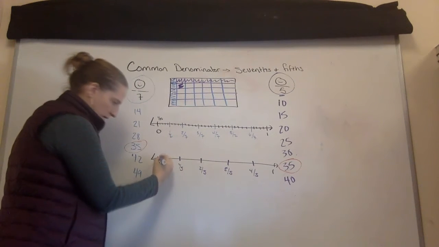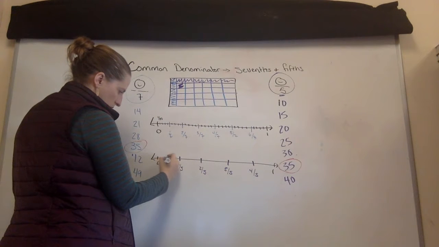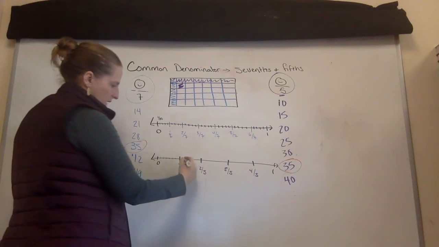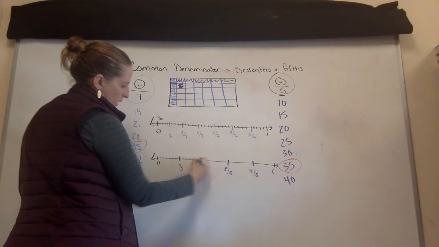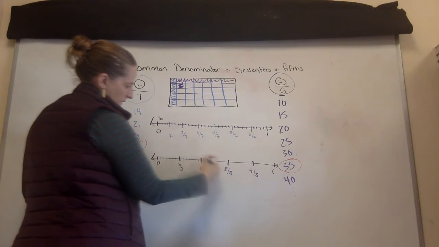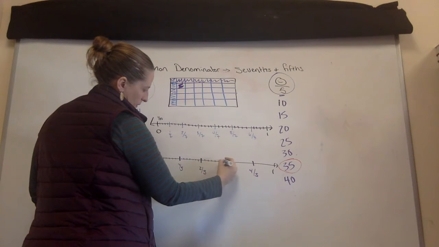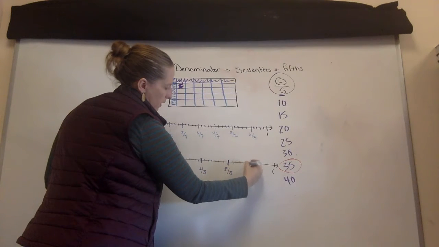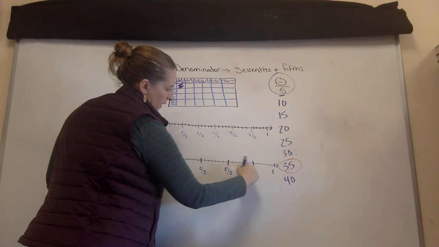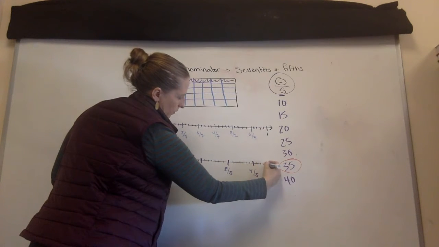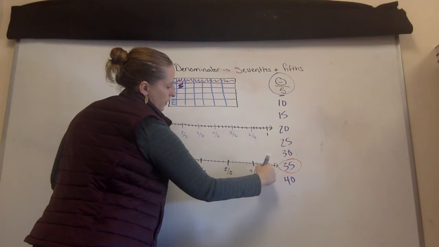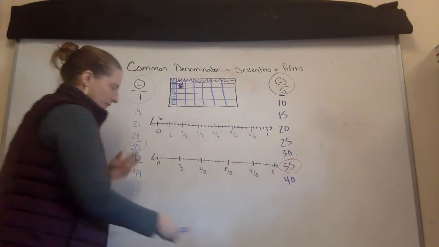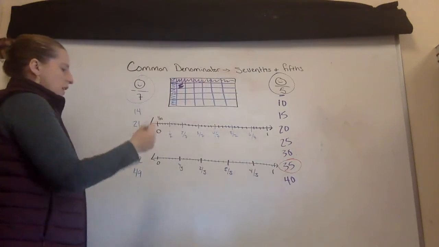Here if I do this, let's see if I can freehand this. 1, 2, 3, 4, 5, 6, 7. And again, all together, I now have 35 little, in theory, equally spaced tick marks.